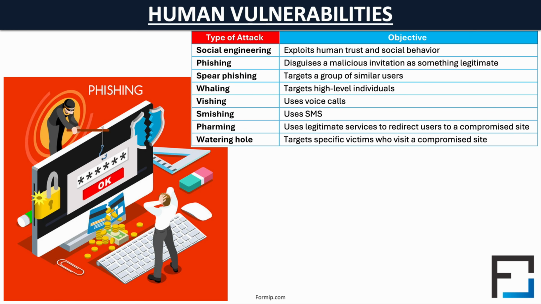Human vulnerabilities. There are still many other attacks that can succeed by exploiting the weaknesses of humans who use computer systems. Type of attack and their objective. A fairly simple attack could simply be based on human trust, social engineering.